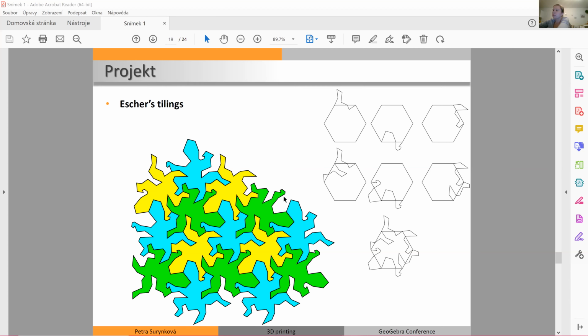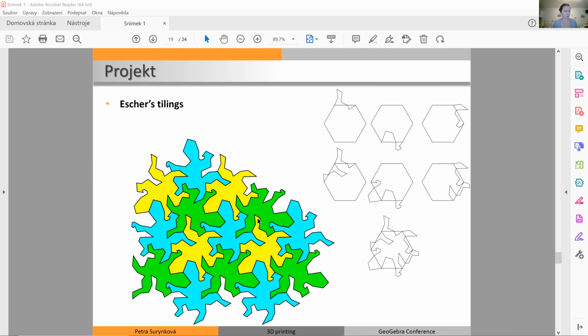Also, I can show you that we were printing this on the printer, and you can get really a set of constructions for students, and they can really see that it works there, and that nice geometry is behind it. Actually, these pictures and digital models for 3D printing, my students and I modeled in GeoGebra, which is very easy because you can model straight lines, you can use some transformations, and you can get a planar image.